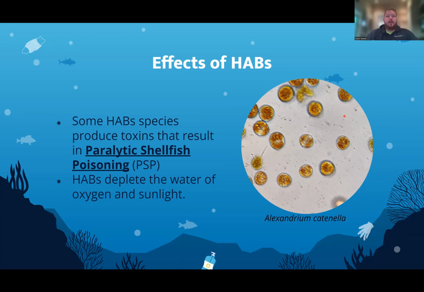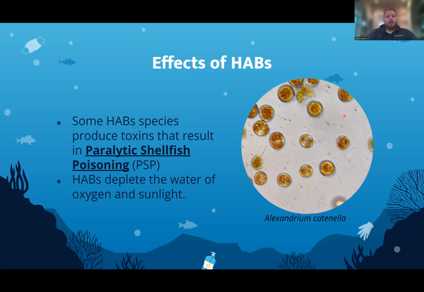They now are starting to suffocate in the water. If something then eats that fish, then that organism is susceptible to the paralytic shellfish poisoning. There have been a few cases of paralytic shellfish poisoning even occurring in humans and being deadly because they've eaten contaminated fish, right? Another effect of HABs is that they deplete the water of oxygen and sunlight.